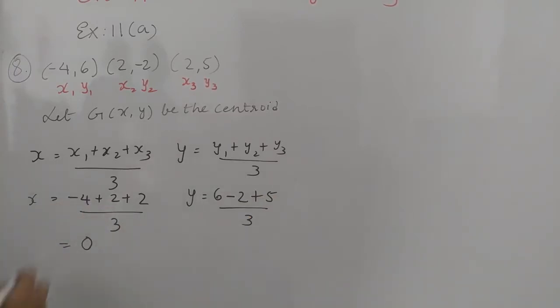So we found 0 as our x coordinate. For y, 6 plus 5 is 11, minus 2 is 9, by 3, and on division y is equal to 3. So our answer is G(0, 3), the centroid of the triangle given to us. This is our question number 8 answer, (0, 3).